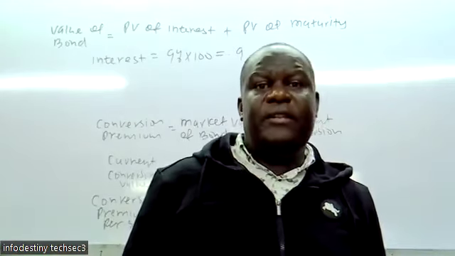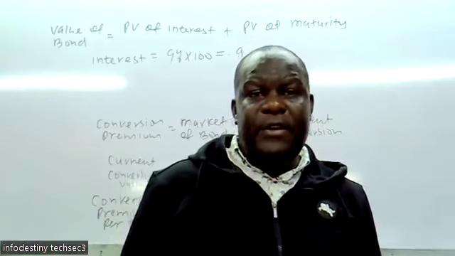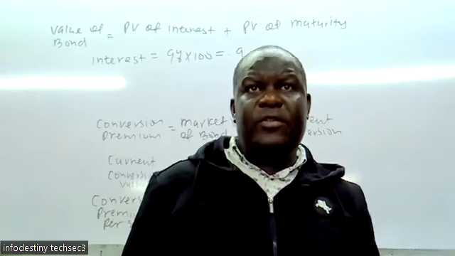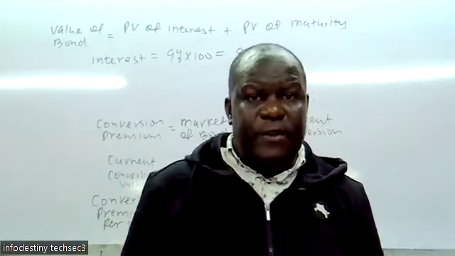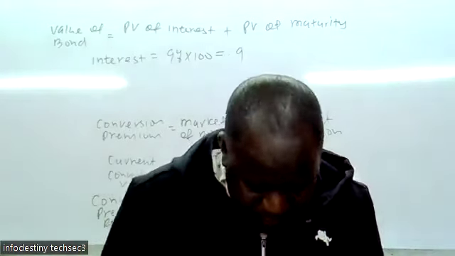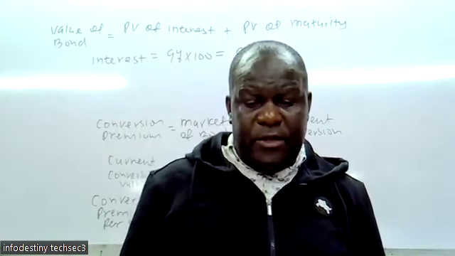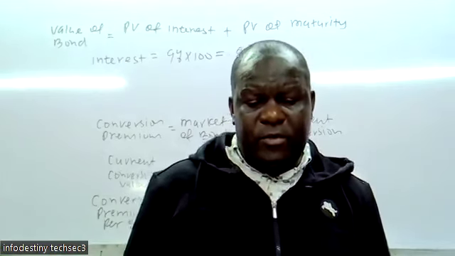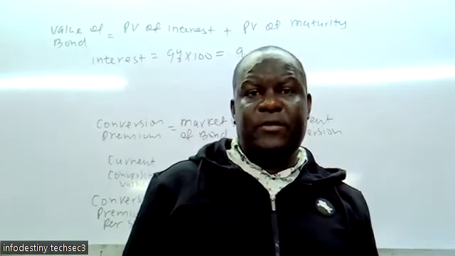Number three, cost of the debenture or bond. So we start off with number one, cost of equity.